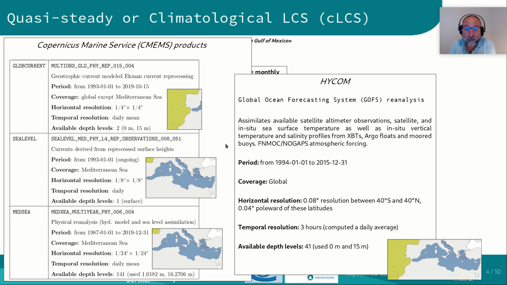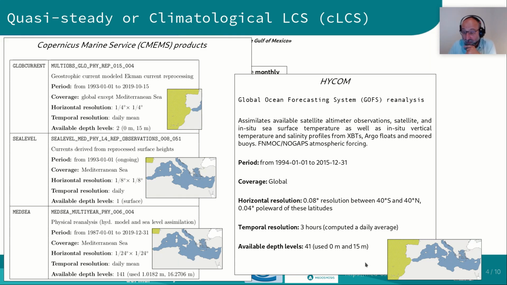We have performed this computation with four different products. One of them comes from altimetry. The other one is altimetry plus Ekman component, and the other is the hydrodynamical model with sea level assimilation. The fourth is HYCOM, a global product.